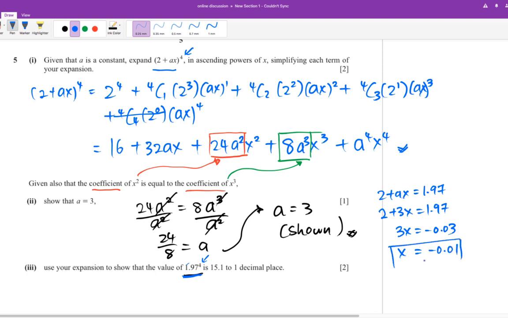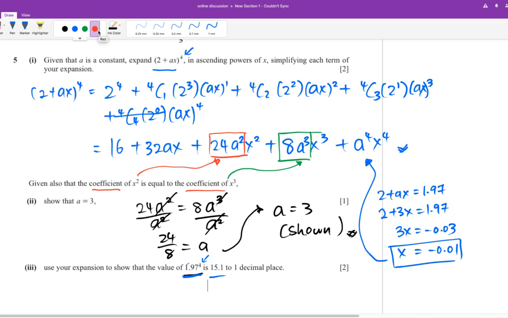That means if I substitute x equals negative 0.01 into my expansion here, I should be able to get 15.1. But because they only want one decimal, I will not substitute into all 5 terms here. I will only substitute in the first 3 terms.